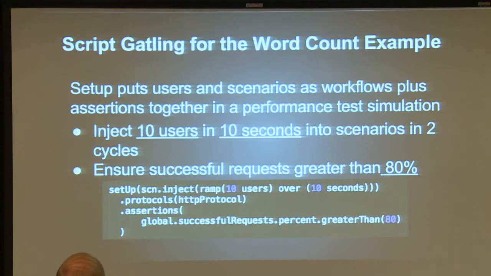So now script Gatling for the word count example. Setup puts users and scenarios as workflows, plus assertions together in a performance test simulation. So in this example, we inject 10 users in 10 seconds into scenarios in 2 cycles. And we're ensuring a success rate of greater than 80%.